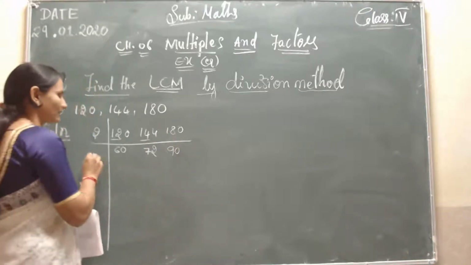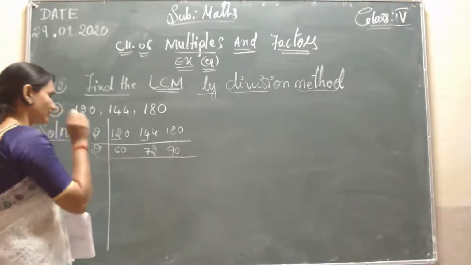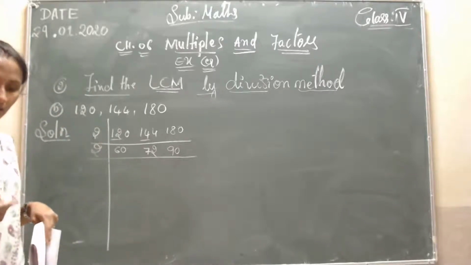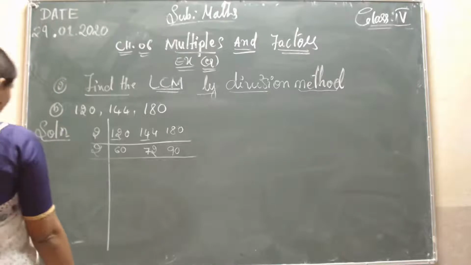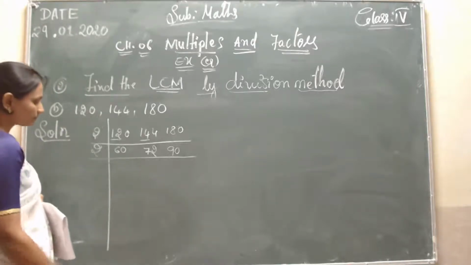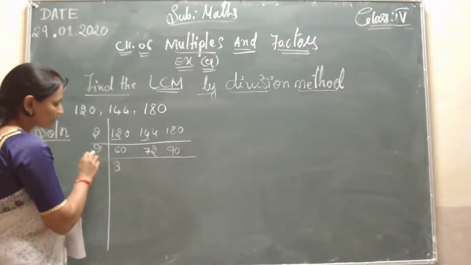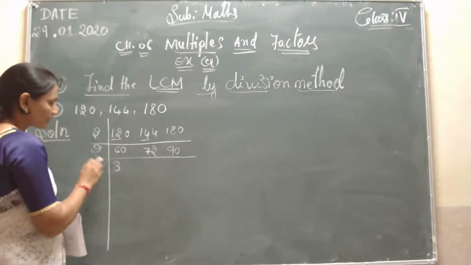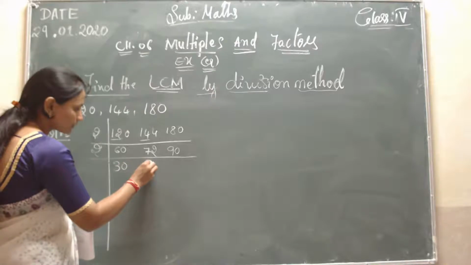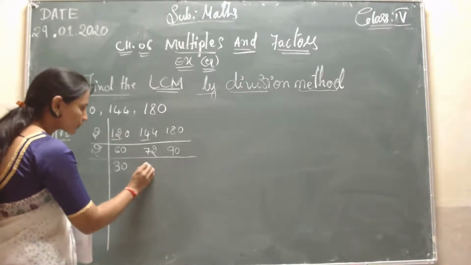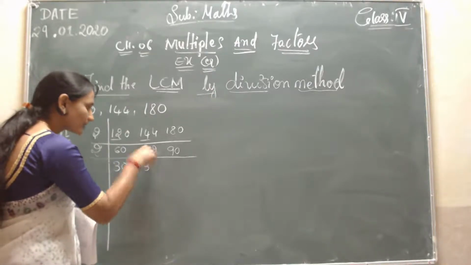So this is the division by 2. Next you take the remainder and again do division. 2 threes are 6, 0 as it is. 2 threes are 6, 1 is remaining, so 1 comes here.